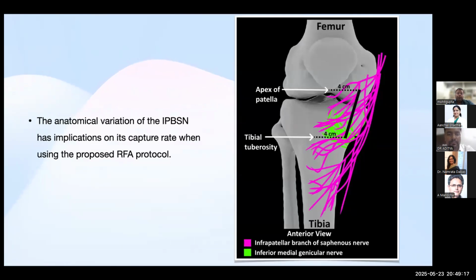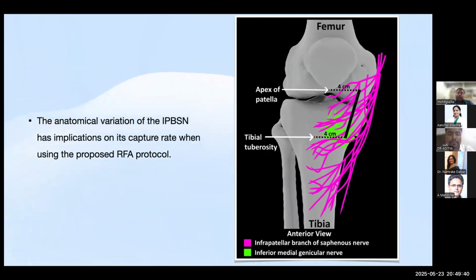And this is the anatomical variation, showing the branching of the infrapatellar branch and the inframedial genicular nerve. The anatomical variation of the infrapatellar branch has implications for its capture rate when using proposed RFA protocols.